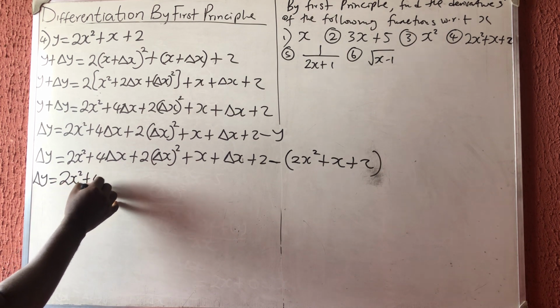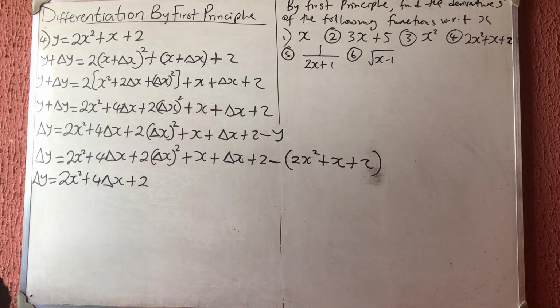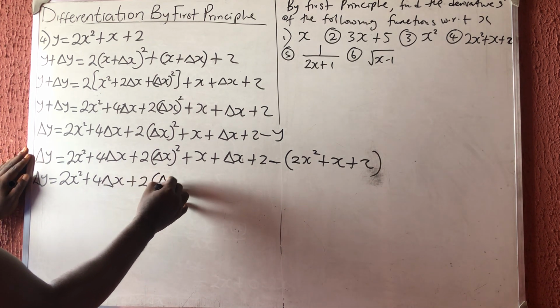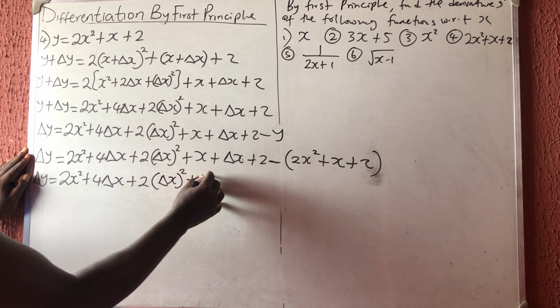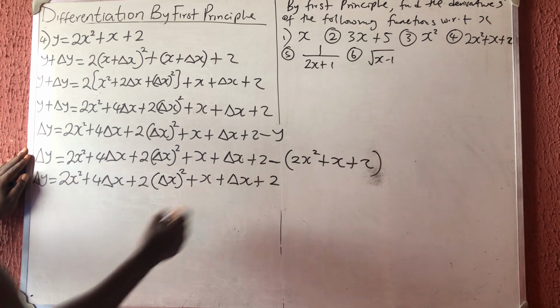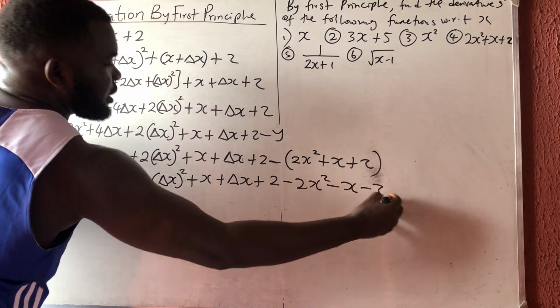2x squared plus 4 change in x plus 2 in bracket of change in x all squared plus x plus change in x plus 2, then minus 2x squared minus x minus 2.